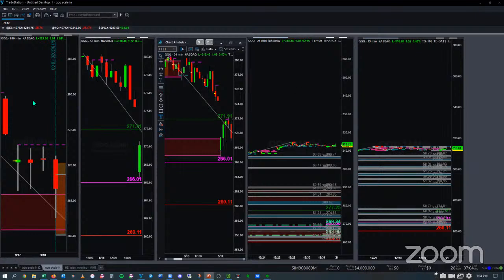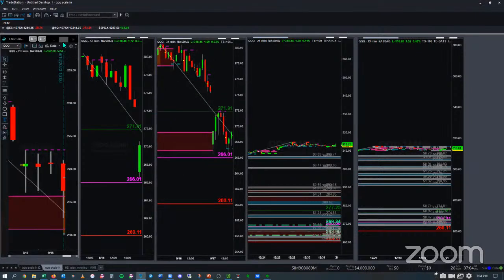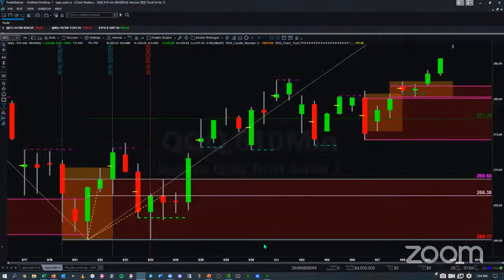So if we look at the traditional method, here's our band here. And you can see that price pretty quickly came back into this band. And then it printed this green candle right here. And I made the wicks thick so you could see that that came all the way down to here.